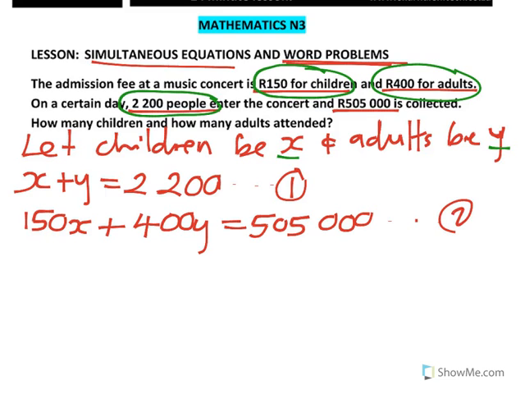Then you solve it simultaneously. If you look at equation 1, like we did previously, we can make X the subject of the formula. We are going to have 2,200 minus Y. This becomes equation 3.